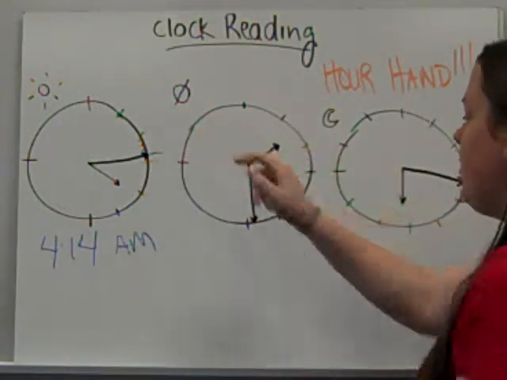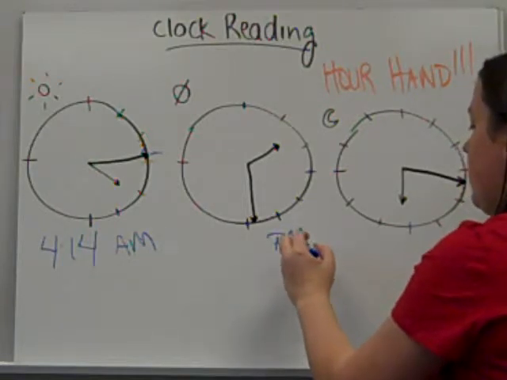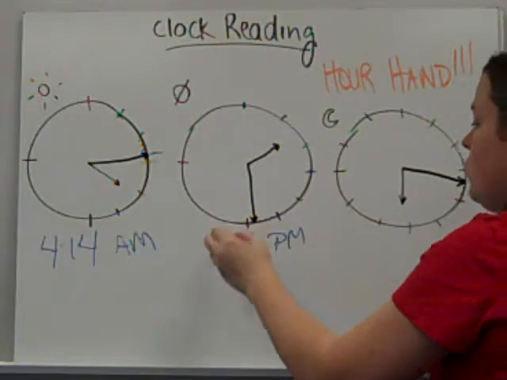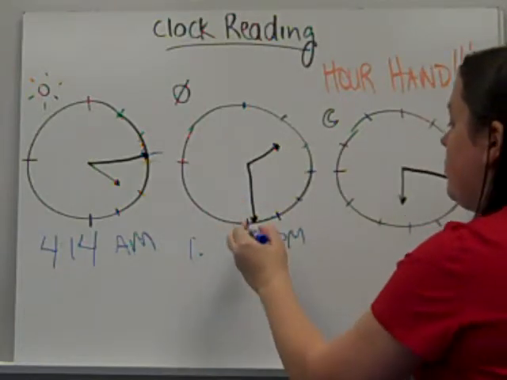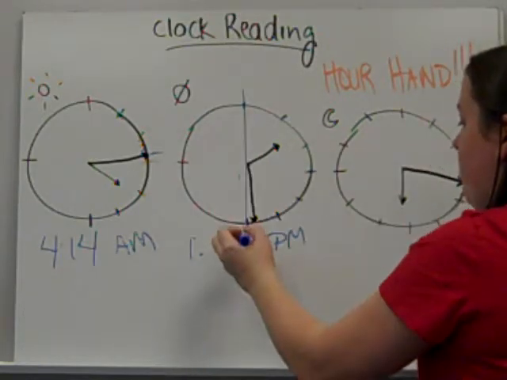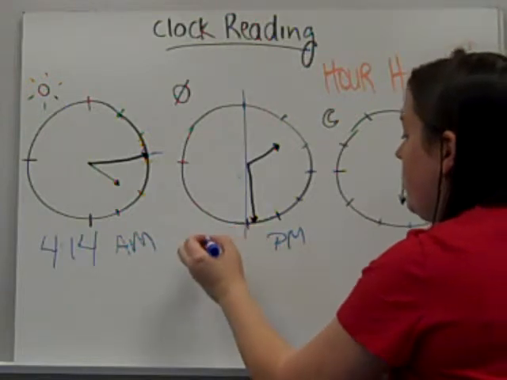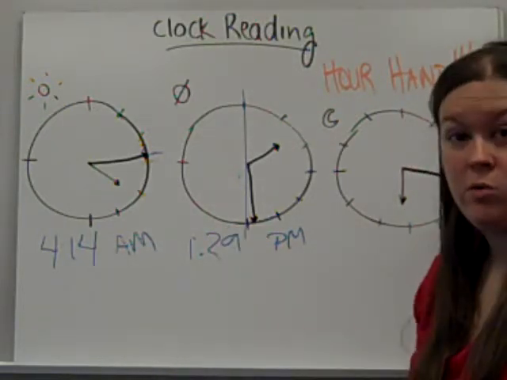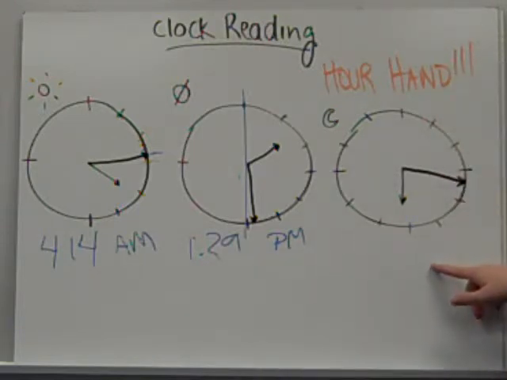Over here, it's afternoon, so we can write PM. Let's see, 1, 2. It's not yet at 2, so it's 1. And then right here, it's almost half past, but not quite. So it's 1 minute away, 1:29, almost 1:30. And then over here, let's see, 2, 4, 6.